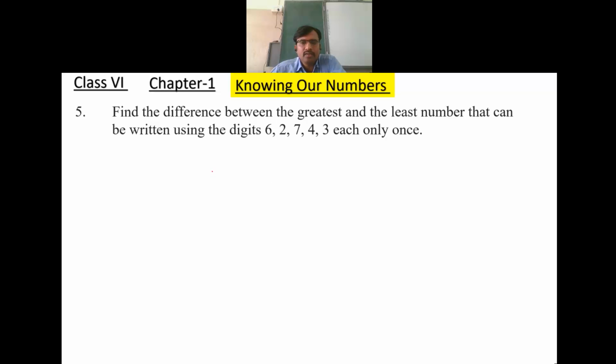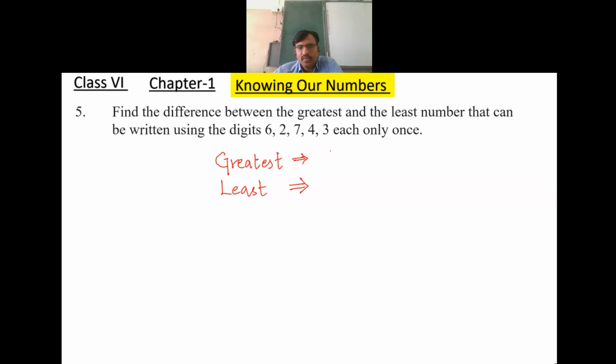Look at this question. Very interesting. Find the difference between greatest and least number that can be written using the digits 6, 2, 7, 4, 3, each only once. Here, we have to find out the greatest number and the least number using these digits.